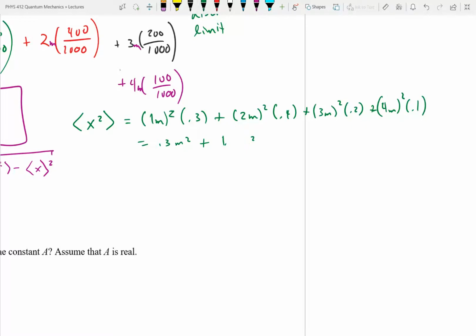Where did the 2 come from? 9 times 2 is 18.